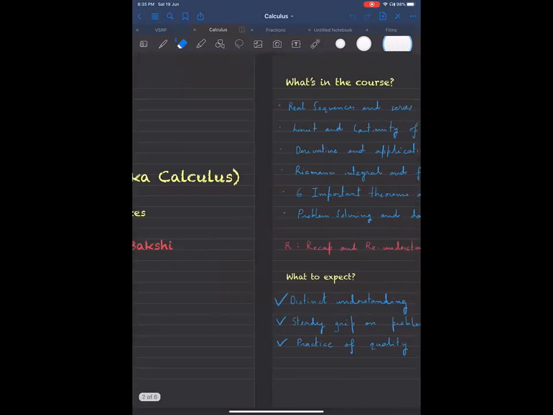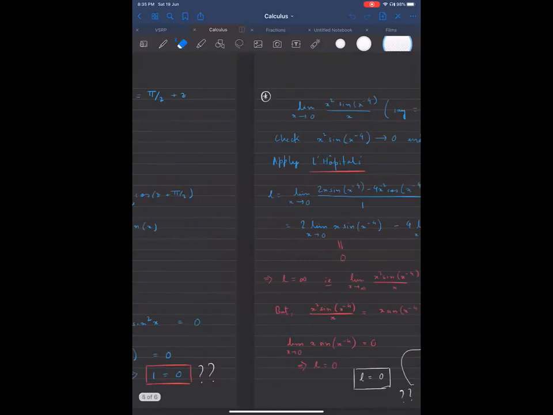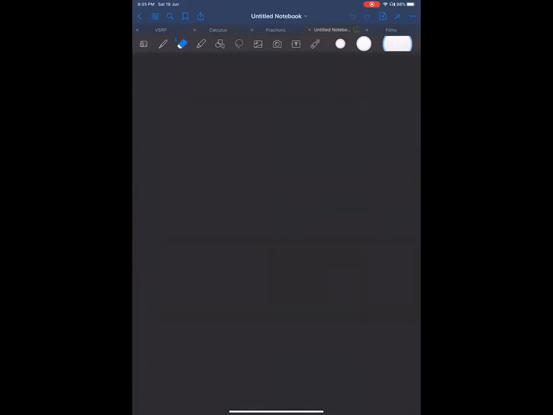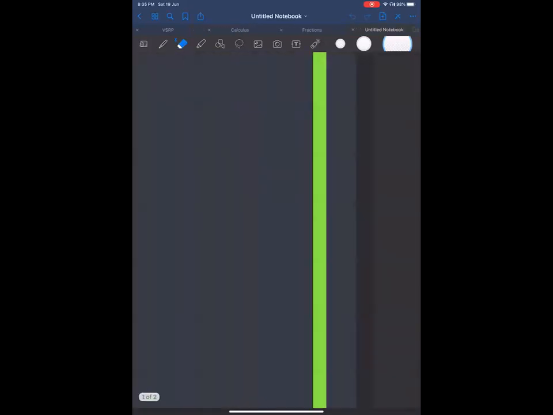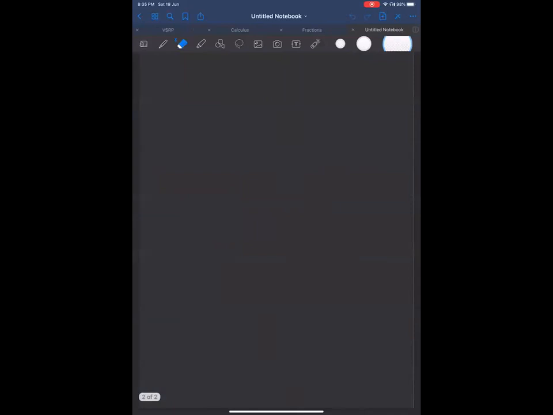Okay, so yes. I think the objective part is quite clear to all of you, right? In mock test 2, is there anything to discuss about the objective part?